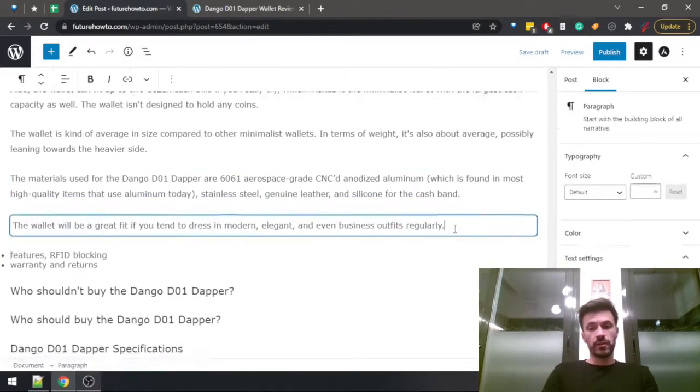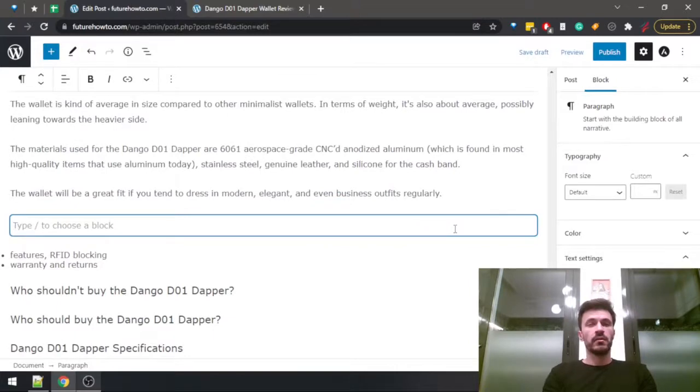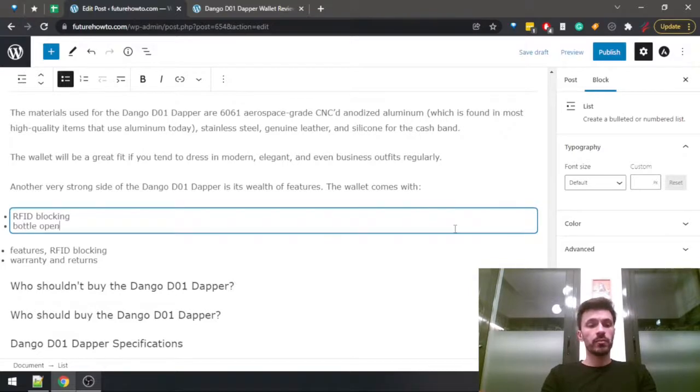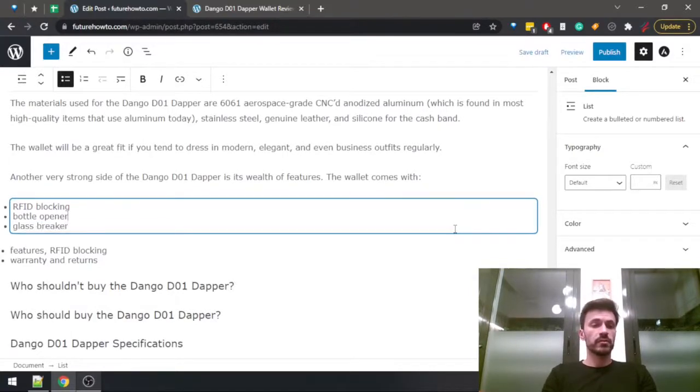Features and RFID blocking. Another very strong side of the Dango DO1 Dapper is its wealth of features. The wallet comes with, let's do it like this, RFID blocking, bottle opener, glass breaker.